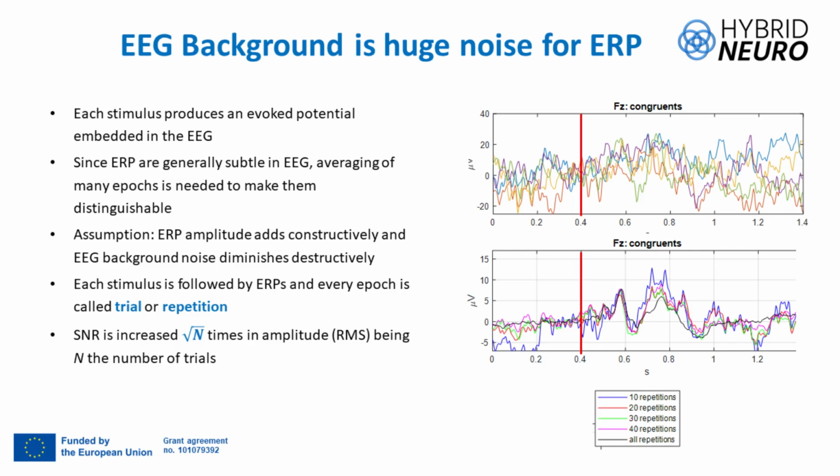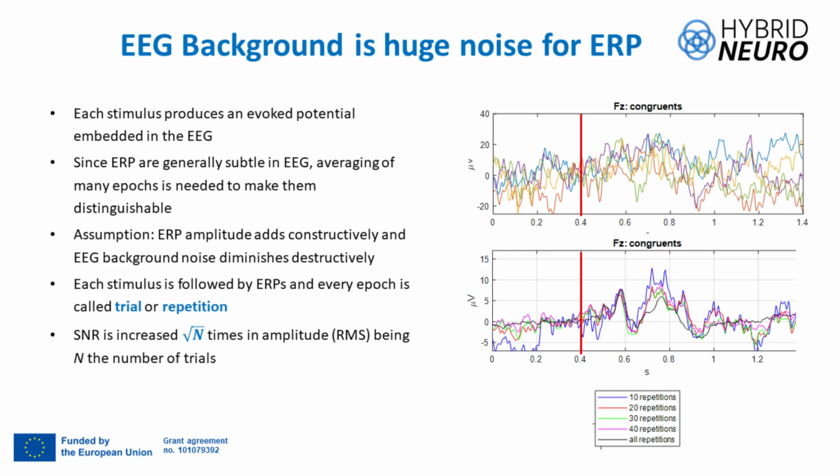So if we average, aligned with the stimulus, we can observe the same signals after averaging 10 repetitions in blue, 20 in red, 30 repetitions in green, in pink color we have 40, etc. And we can observe that we can see these potentials as I showed before because of averaging.